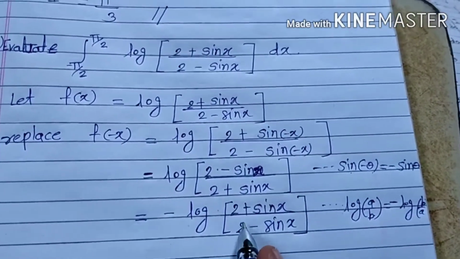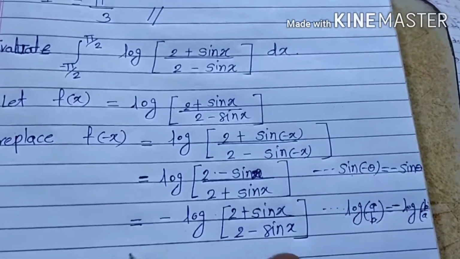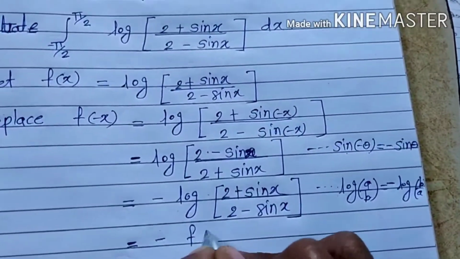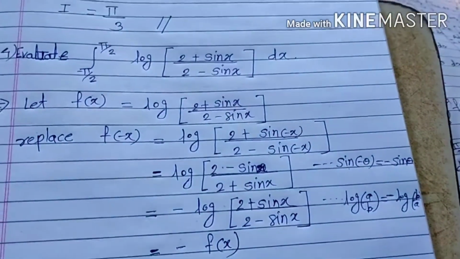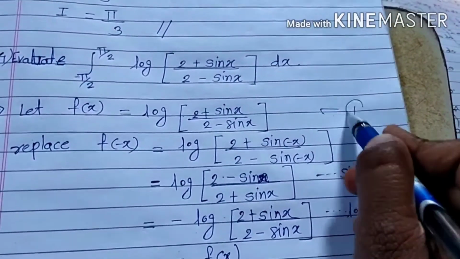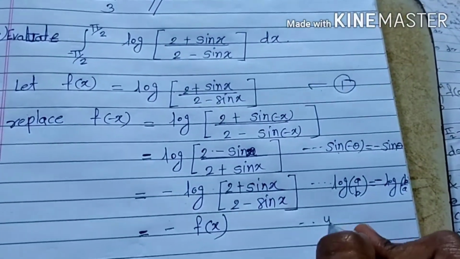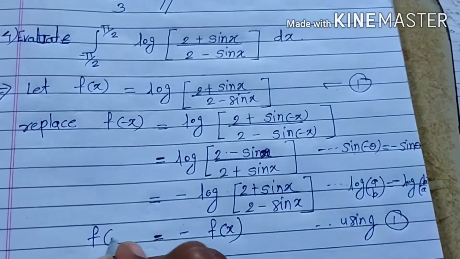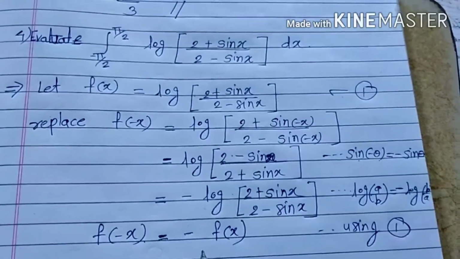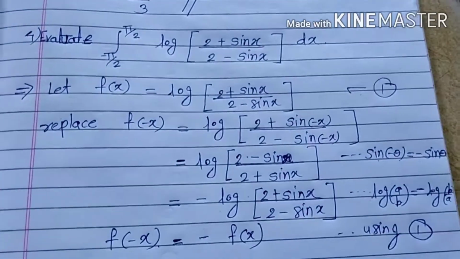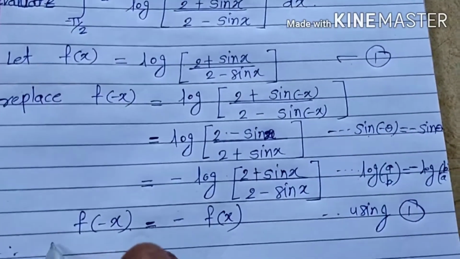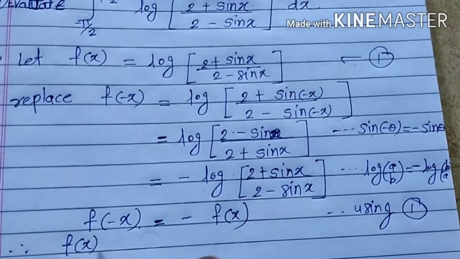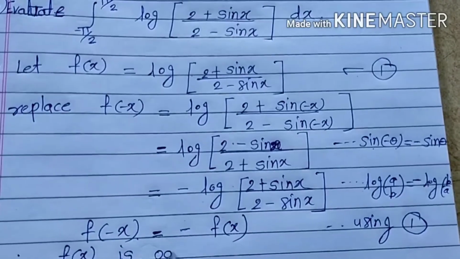Now you can observe that this is f of x, so here minus f of x. Call it equation first. So you can observe that this is f of minus x and this is minus f of x. So therefore f of x is an odd function.